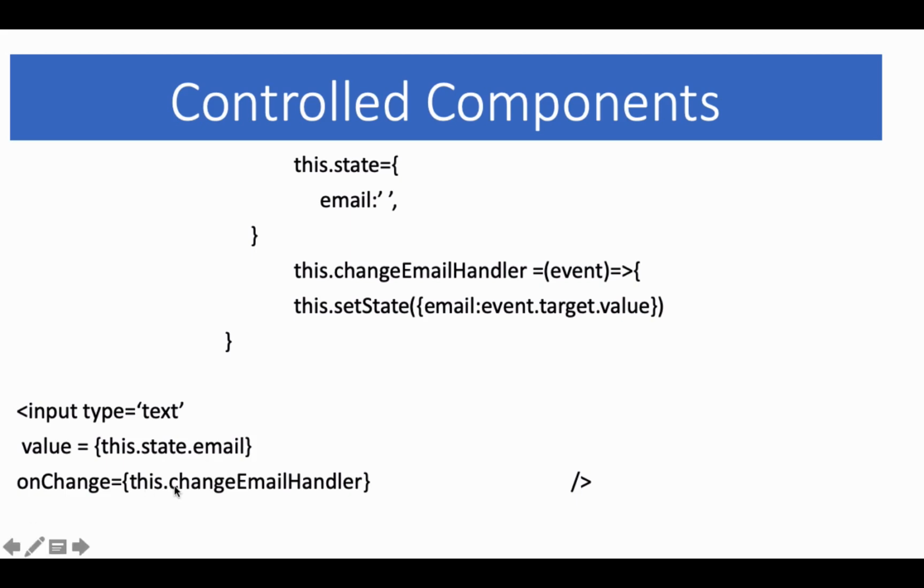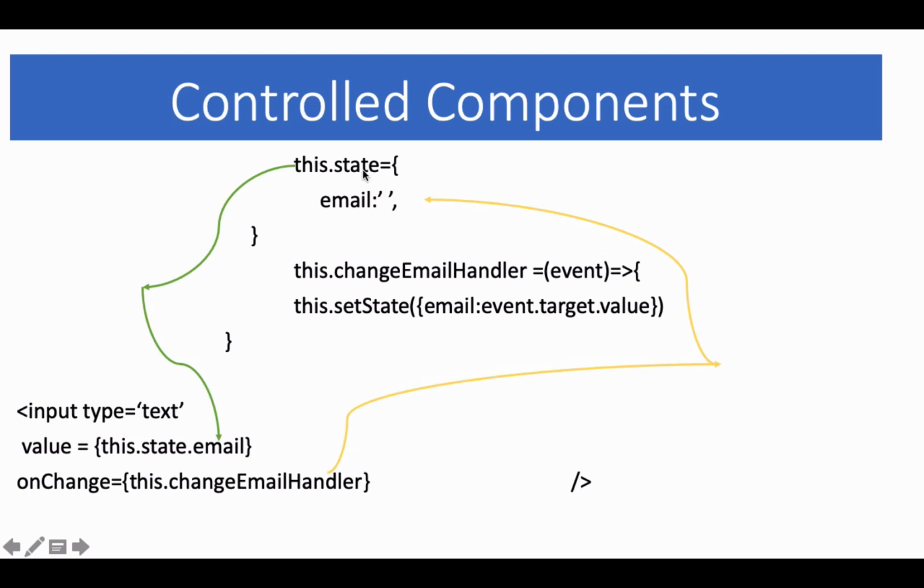So this is what we use so that we can update the state. Now, this is like a cycle, which moves from state coming to the value, then getting back from onChange to setState. So it's something like this.